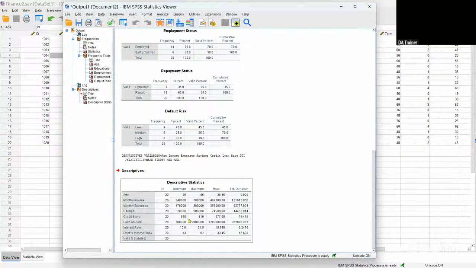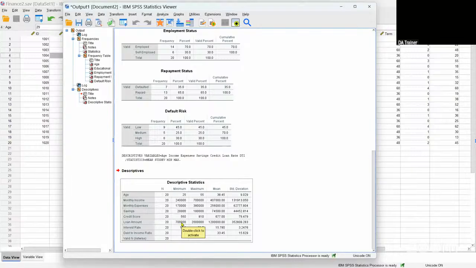We have credit score 560, and the maximum credit score is 810. We have the loan amount. So the minimum loan that they have given out is 700,000, and then the maximum loan they have given out is 2 million. Okay, for a month.